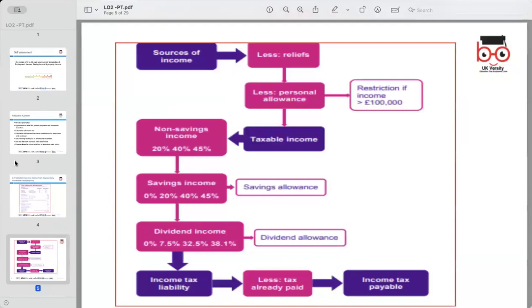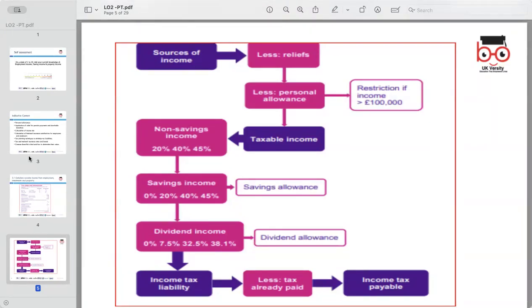Now, in understanding the sources of income and how they contribute to one's tax liability, we first look at the various types of income and applicable reliefs. Sources of income can come from employment, investment, and dividends from shares.